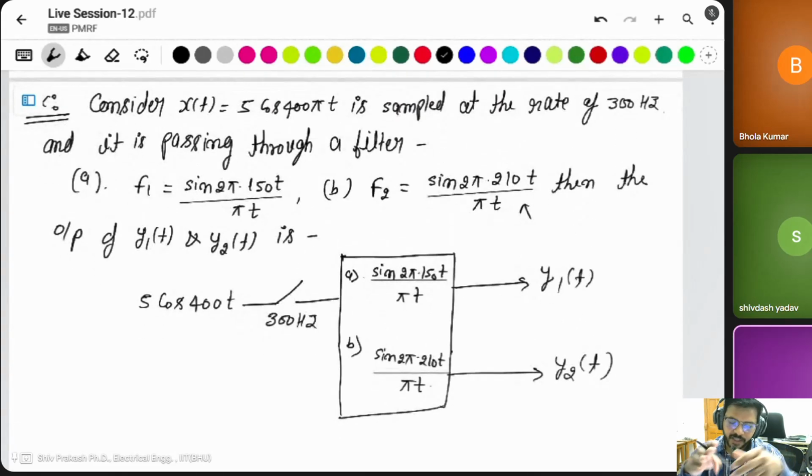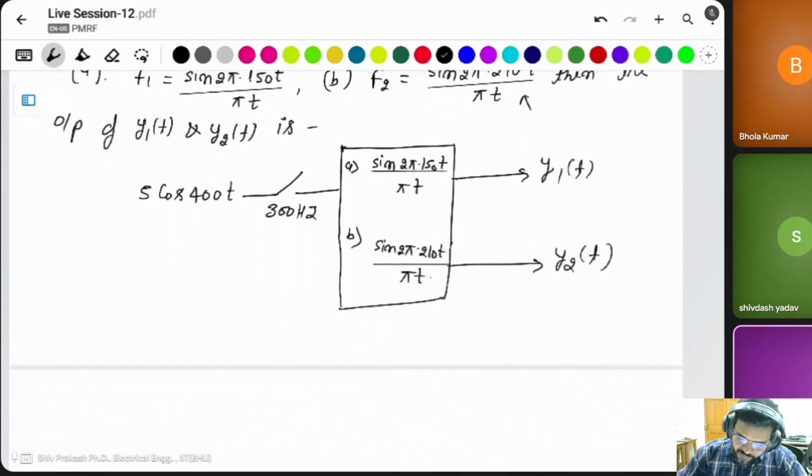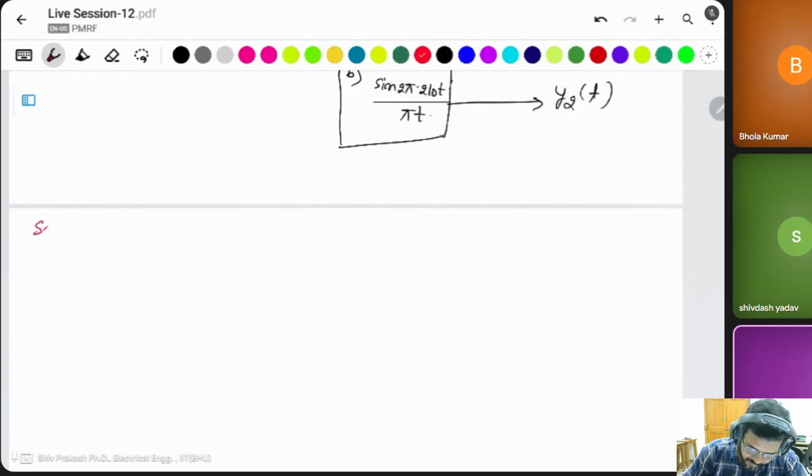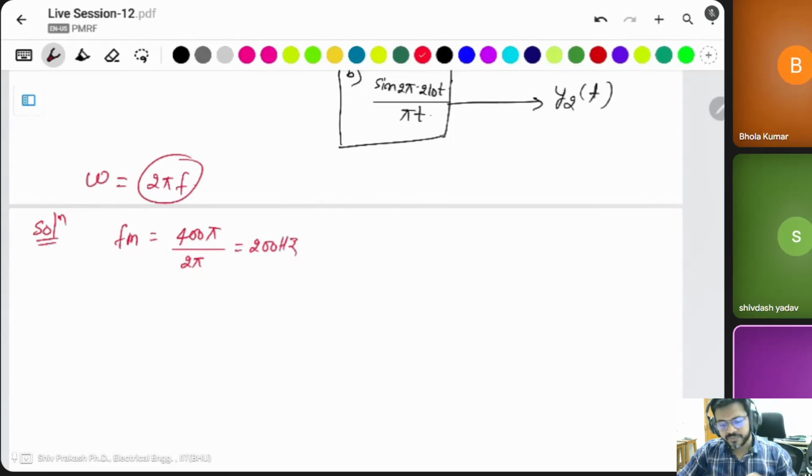It means a signal is given, 5 cos 400 pi t, and it will be sampled at the rate of 300 hertz. First of all, find the frequency of the original signal x(t). Fm is omega divided by 2 pi, so Fm is equal to 400 pi divided by 2 pi, which is 200 hertz, using omega equals 2 pi f. The original signal has 200 hertz.